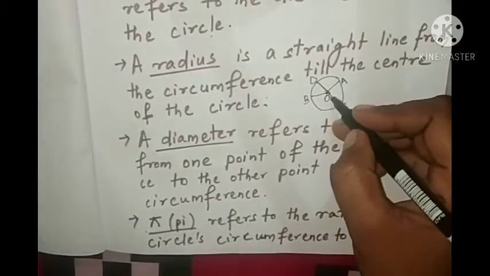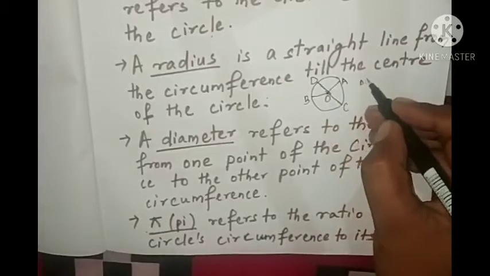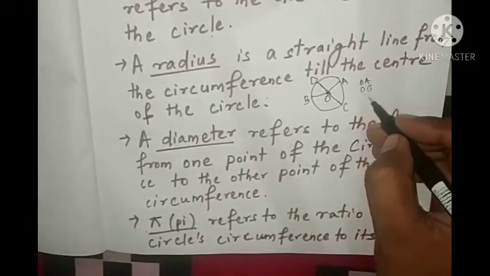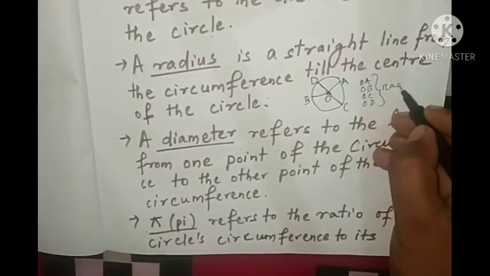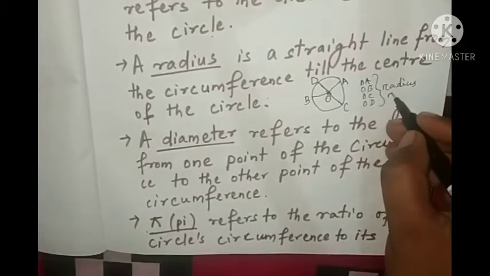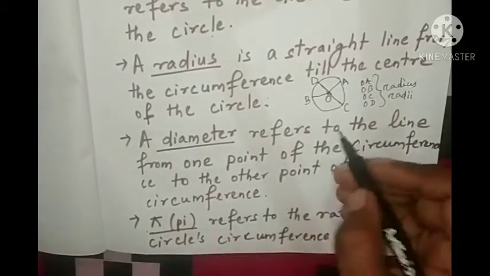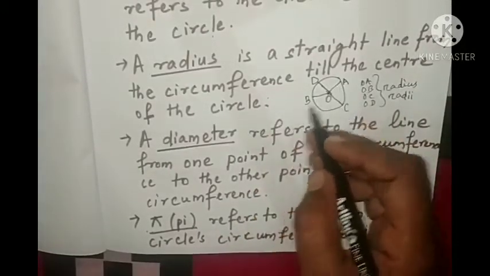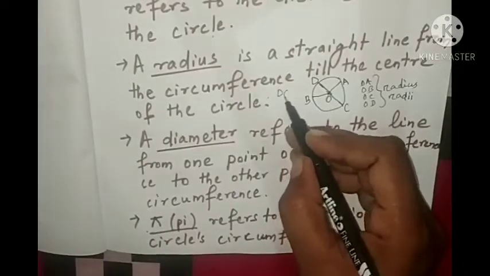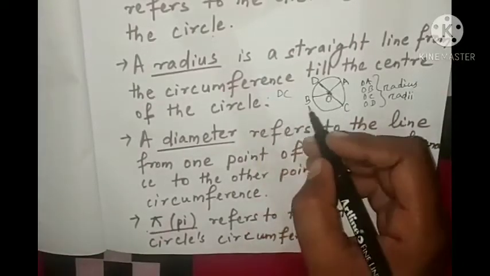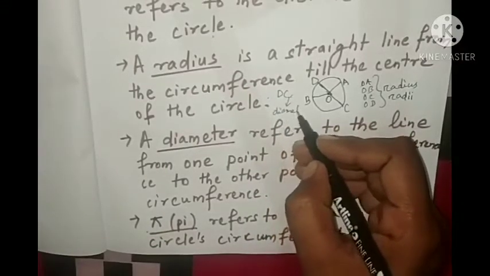When we join two radii, we will get a diameter. Here OA, OB, OC, OD, all are radius. Plural of radius is radii. But when you see this, DC is a straight line which is passing through the center. That's why DC is a diameter.